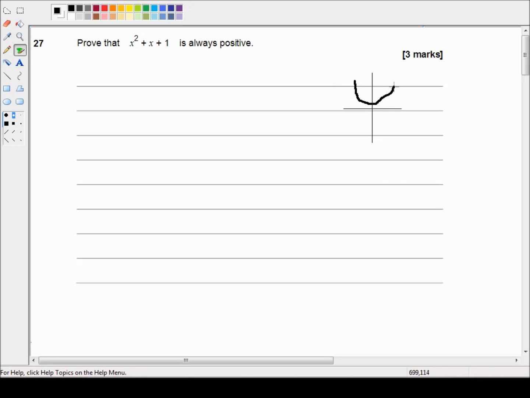It would be a U-shaped curve. We don't know yet whether this U goes below the x-axis or doesn't, but the point is, because it opens out at the top, because this coefficient is positive, then it must have a minimum point.